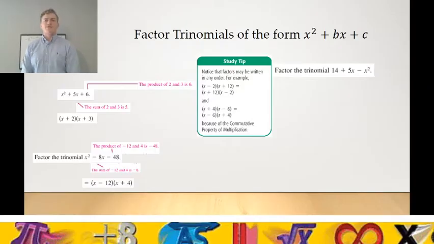At the top right, factor the trinomial 14 plus 5x minus x squared. Now we're looking at this and thinking that it is not in the same form that we have seen so far. But note that this is a trinomial because there are 3 terms, and it is a quadratic expression because the largest exponent in our trinomial is a 2.